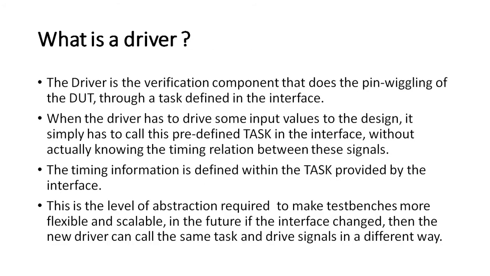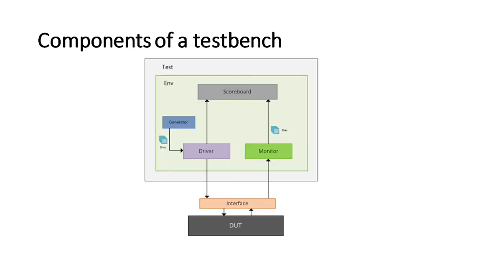Next is the driver. The driver takes the data from the generator via the mailbox and drives it towards the scoreboard and DUT. We can see here that the driver takes the data from the generator and passes it on, and it is also connected to the scoreboard and DUT.